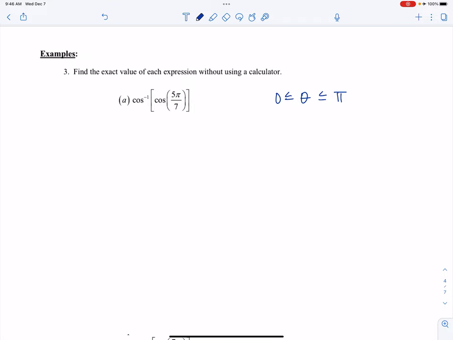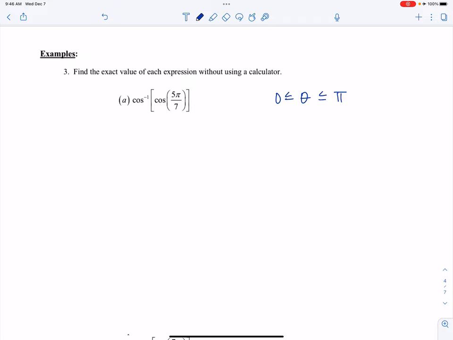In this case, we just want to limit it to that very first period of the cosine, which is why we look at 0 to pi. I want you to really focus on what our restriction is for sine, cosine, and tangent. That way we can use it when we are solving, especially finding exact values.